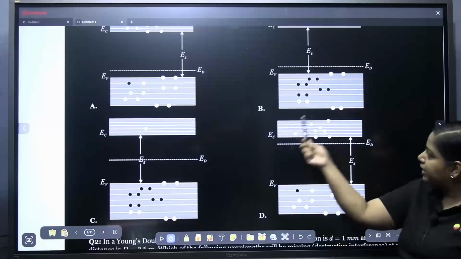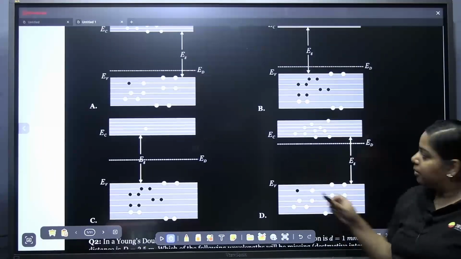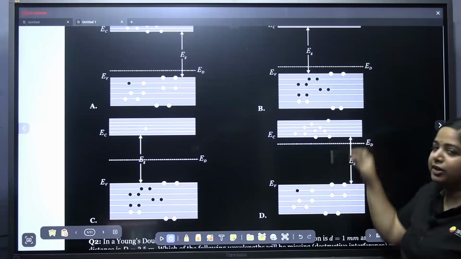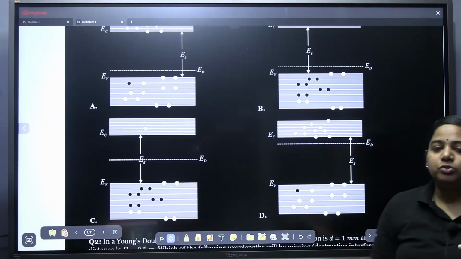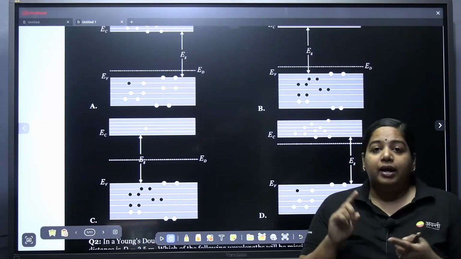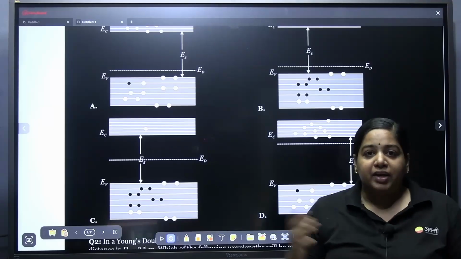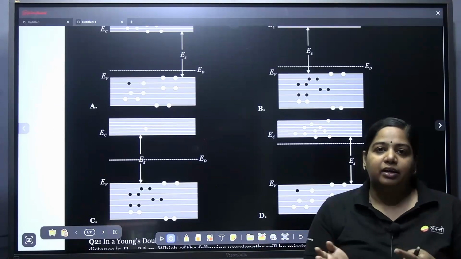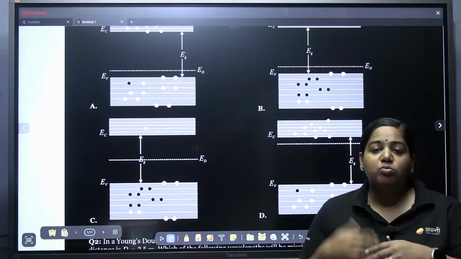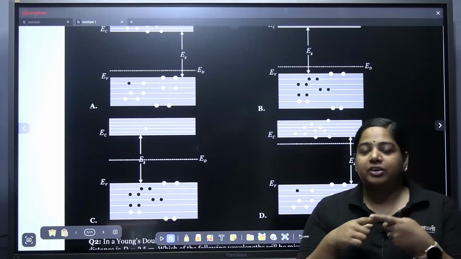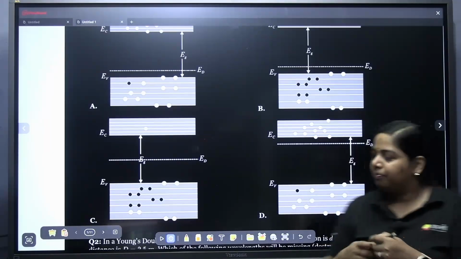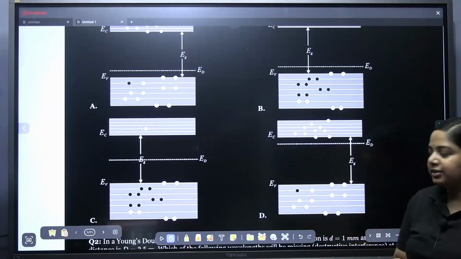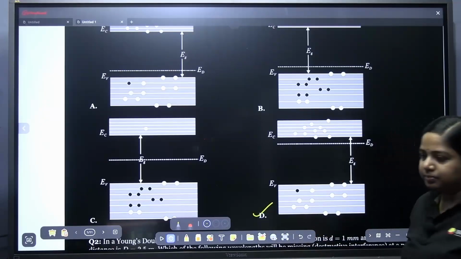Here you can see that the number of electrons is more and the donor energy level is near the conduction band. That is what happens when we make an N-type semiconductor. We use a pentavalent impurity, right? So it will have more energy, that's why its electron can be in the conduction band. So this is the correct answer, option D.